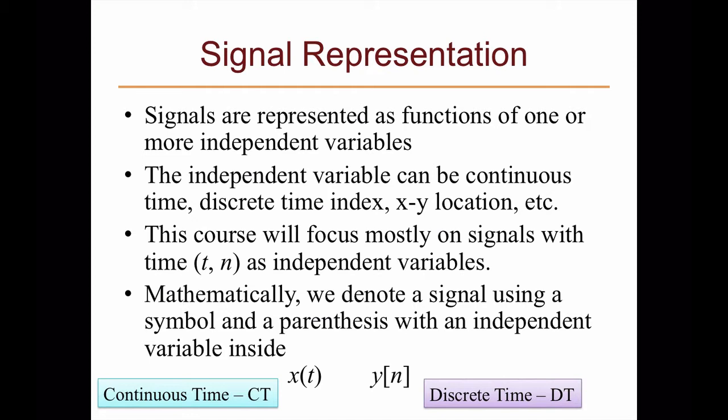The value of x varies with time t, and the value of y varies with the index n. So this parenthesis is not the algebraic parenthesis that you encountered earlier, where you can multiply the constant or the value inside the parenthesis. This is different. This parenthesis denotes the function.